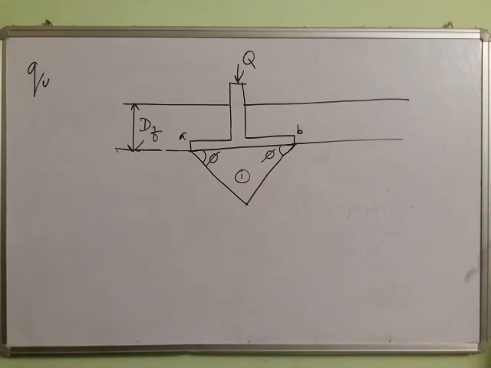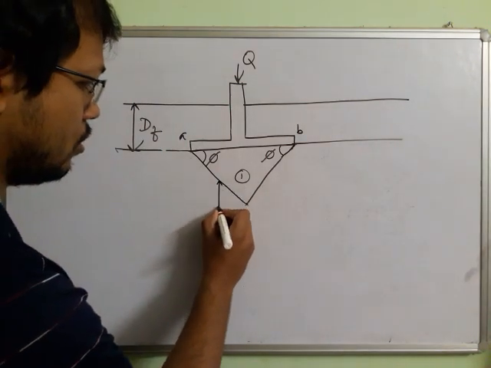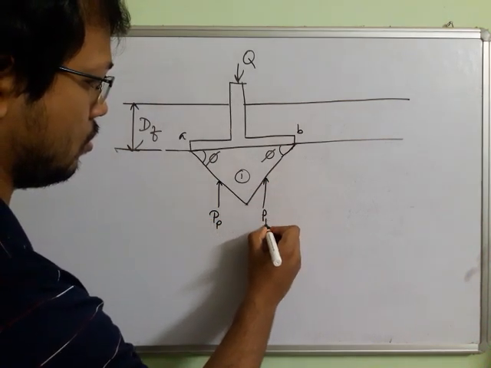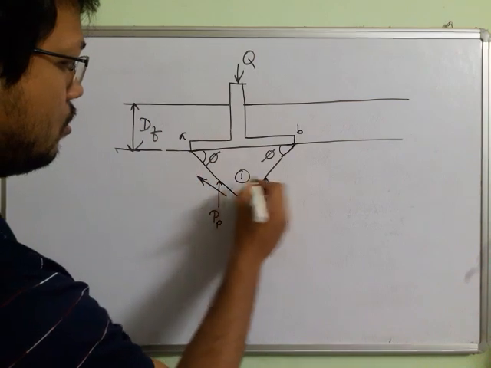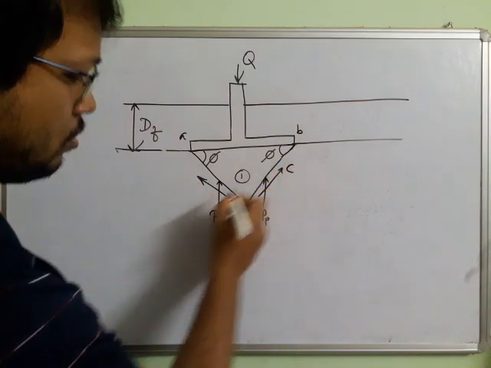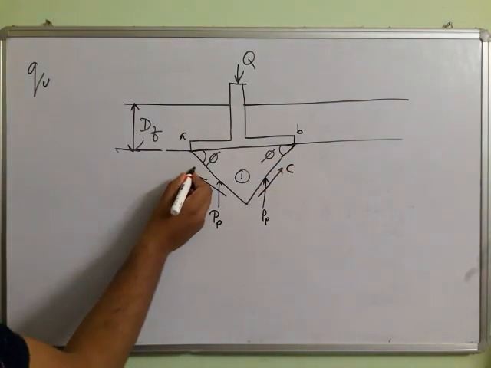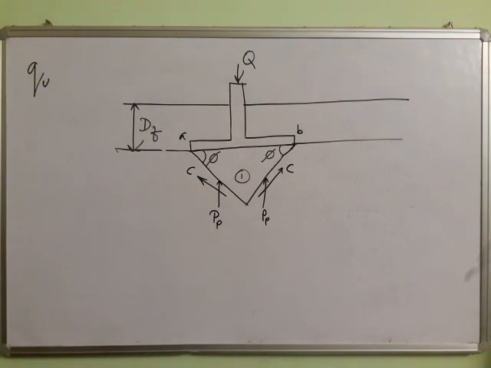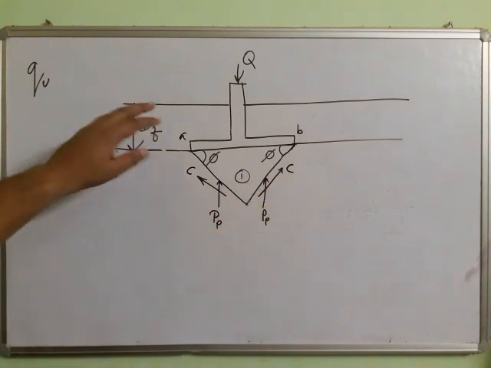Now what are the forces that are giving resistance? There will be two forces that we will be considering. One is the passive resistance, which is given by zone 2 and zone 3.